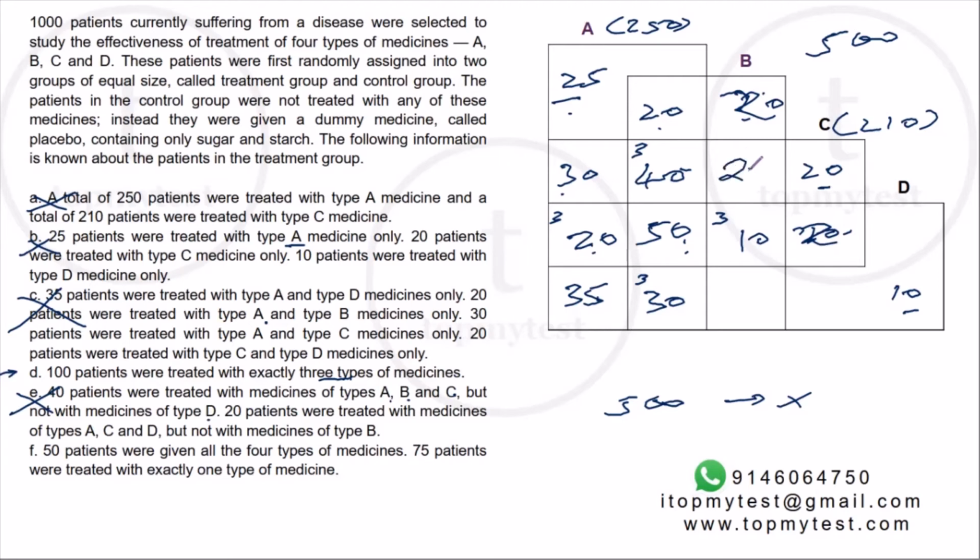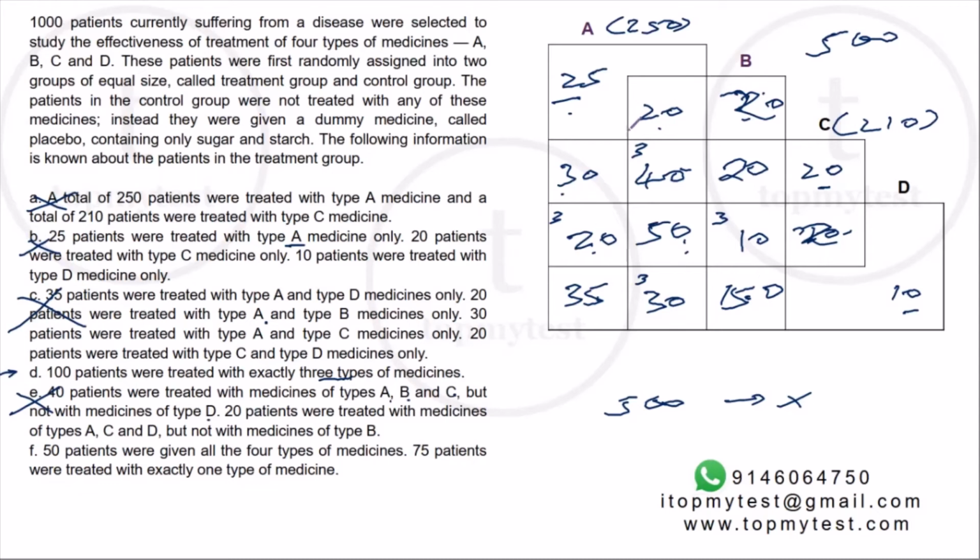So this is 20. And we know the entire total is 500. Only one region is missing. So from 500 subtract everything else, and we'll find this region. If we add this, this total is 250. 250 plus 50 is 300. 300 plus 50 is 350. So this value will be 150.